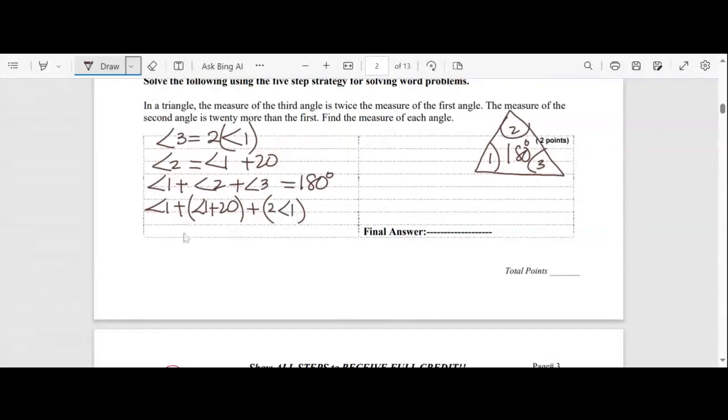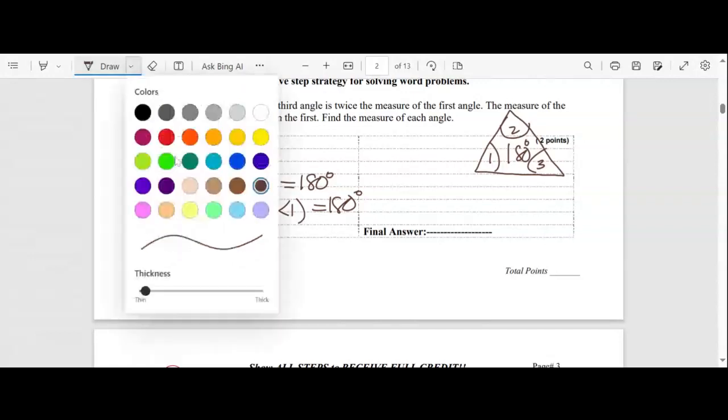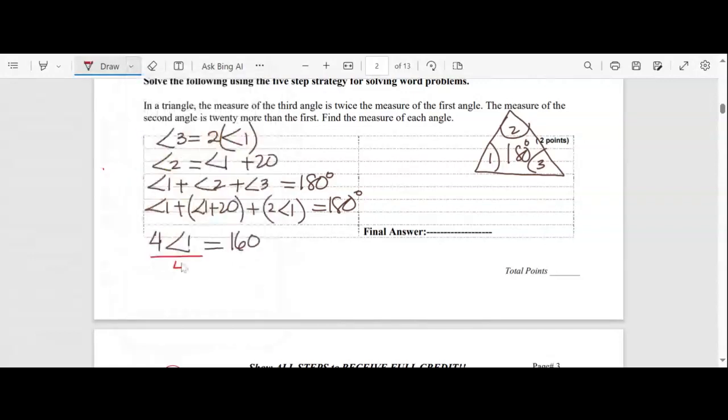So now how many angle 1s do you have? 4 angle 1, and that equals 180, right? So move the 20 to the other side, you get 160. Divide by 4. Why divide by 4? So you can get rid of the 4. And this will give you angle 1 as 40 degrees.